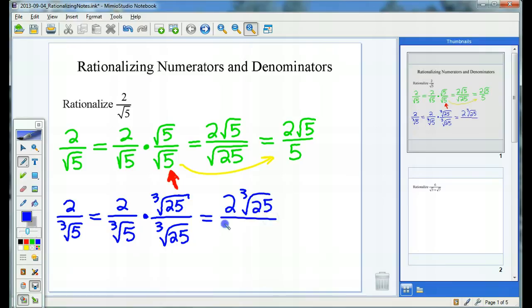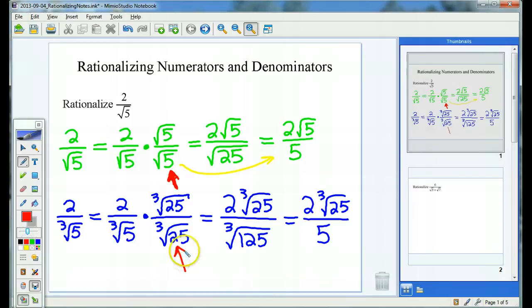In the denominator, we get the cube root of 125. 125 is a perfect cube, and therefore that cube root simplifies, and we get 2 cube root of 25 divided by 5. So my point is that right here, the special form of 1 that you use depends a lot on what kind of expression you have. We're going to focus for the rest of this video just on having a square root and working with square roots. And so it's a pretty simple special form of 1 that you would use in this case.